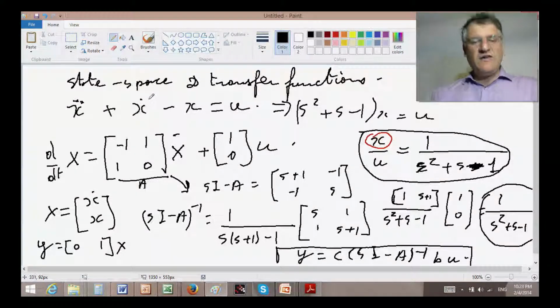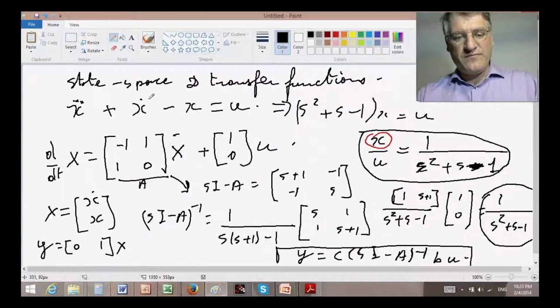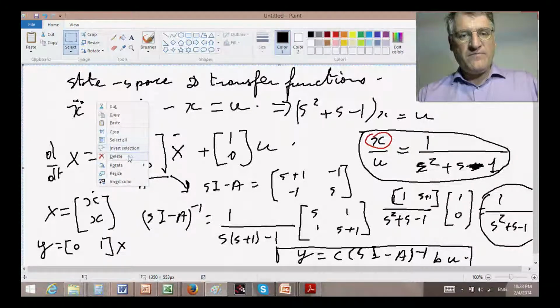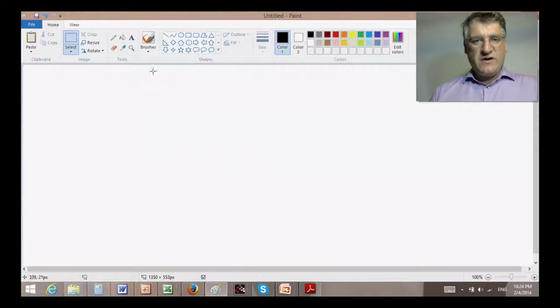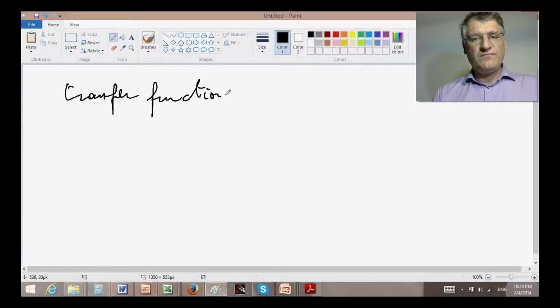Okay, now is the converse possible? Okay, so can we go from transfer function to state space?